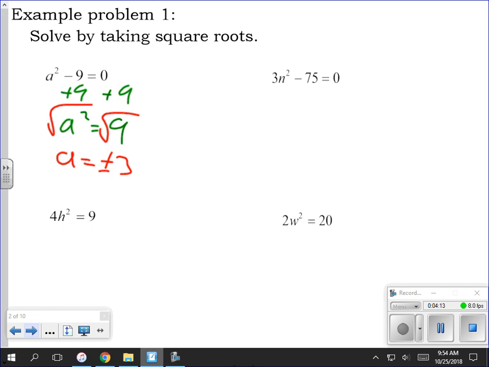Because if I take 3 and plug it in the original problem, 3 squared is 9, 9 minus 9 is 0. Put negative 3 in there. Negative 3 squared is also 9. 9 minus 9 is also 0. I have two solutions, plus and minus 3. You must have the plus and minus when you do this. That's an extremely important part that will go through the entire day, having that plus and minus.